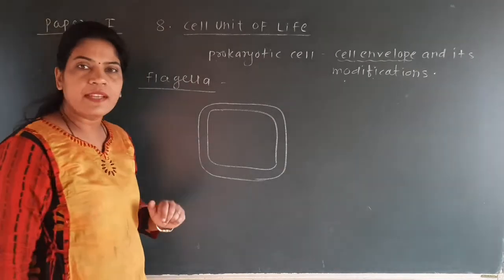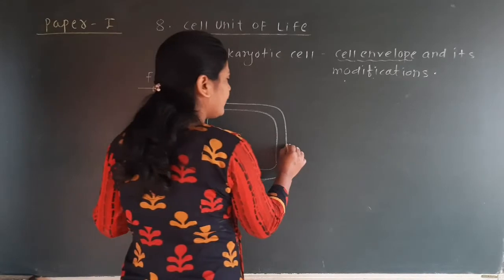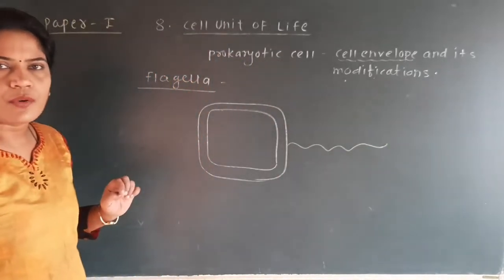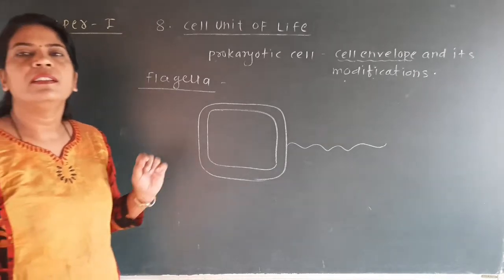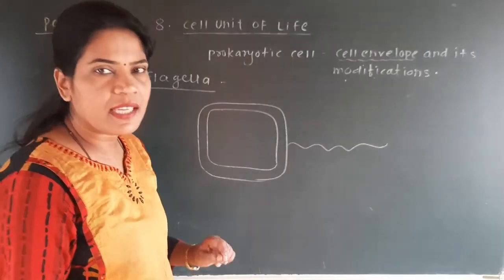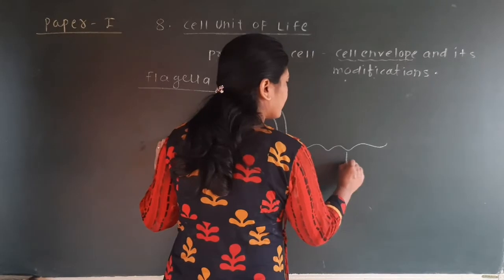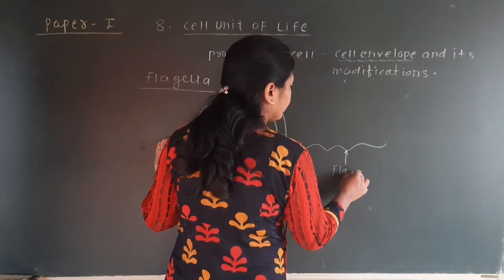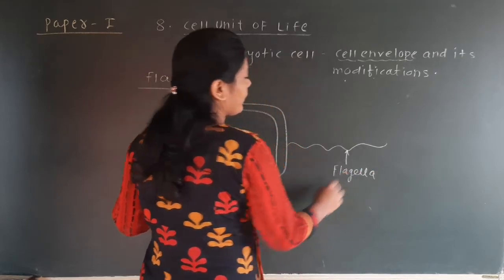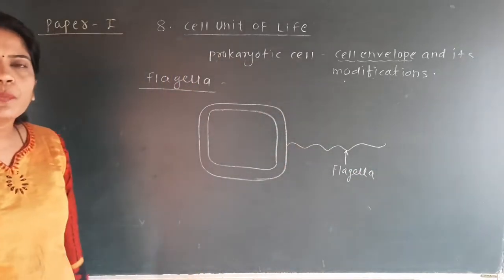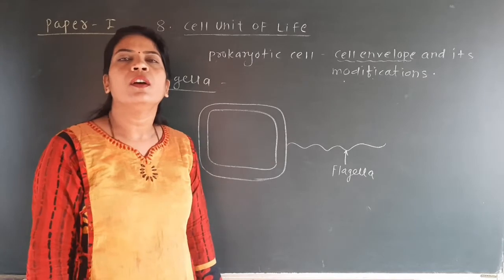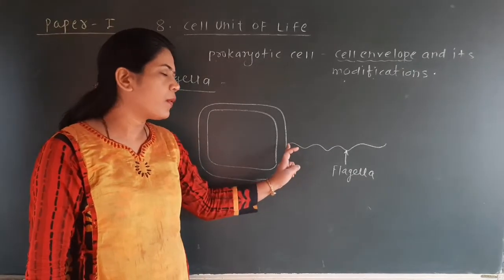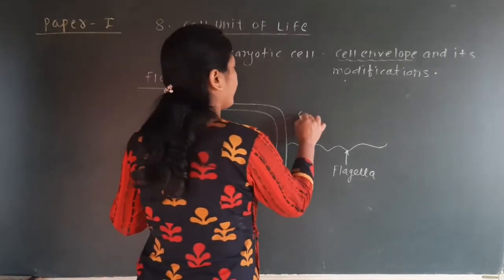Very important point is that this is the cell wall, and from the cell wall you can observe the thin membranous extension, and that membranous extension is called flagella. So first point is very important: from which cell envelope does flagella arise? Flagella arise from this cell wall.